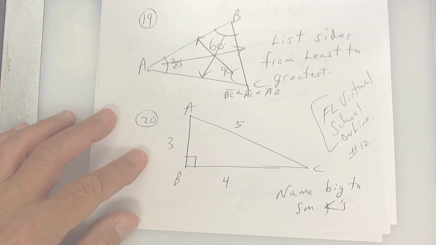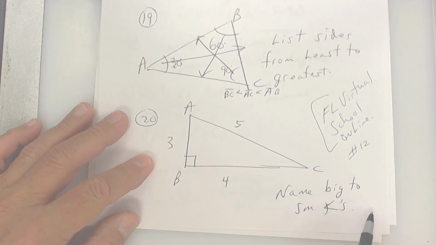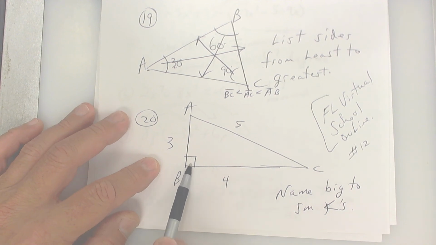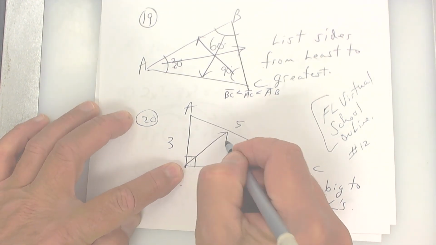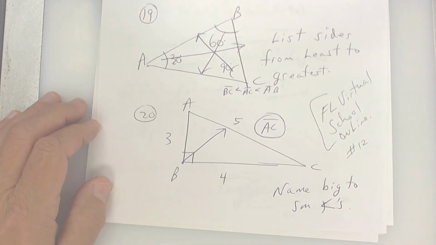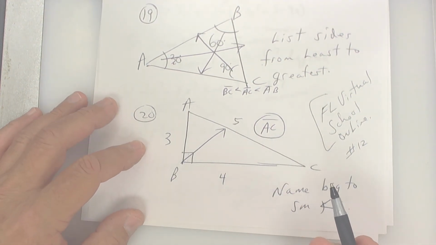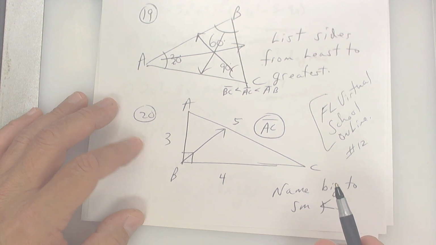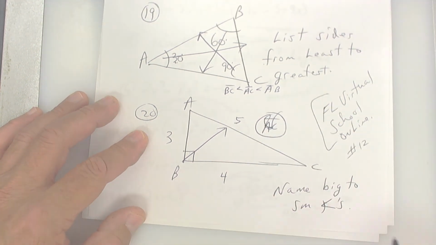This one right here, name the biggest angle. Well, 90 degrees is the biggest angle, so the biggest side is across. So AC is the biggest side. The smallest side, let me think here, 3, 4, 5. Actually, they wanted the angle.